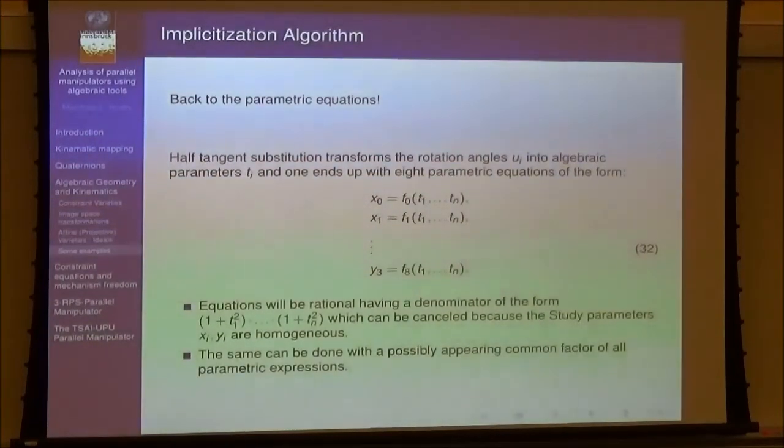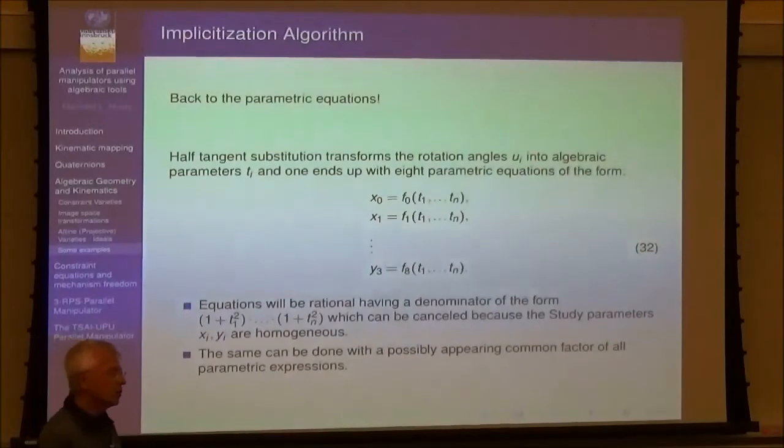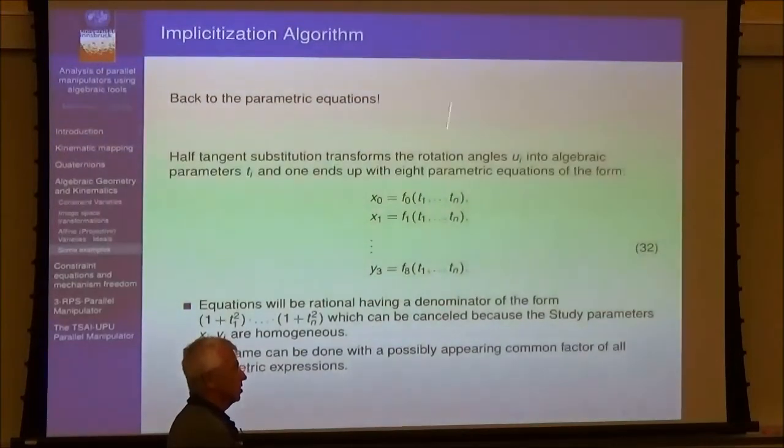Essentially, it will look like this in quaternions. You have here the 8 quaternions, and the 8 quaternions will be functions of your motion parameters. And all you have to do essentially is eliminate these parameters and get the implicit equations.